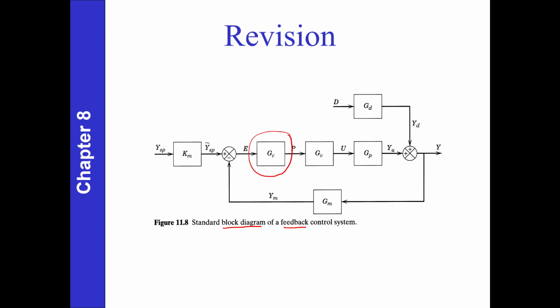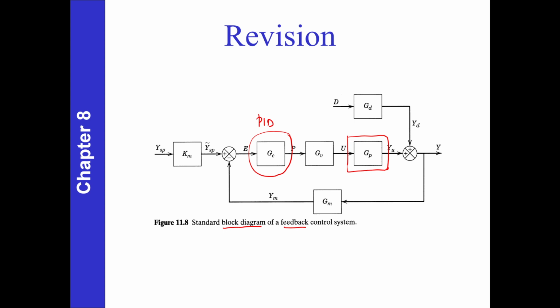Last time when you learned transfer function, you learned the transfer function for a process, represented here by GP. Then you learned about PID here. So the transfer function for the controller is named GC, C is for the controller. You learned about the PID controller here.